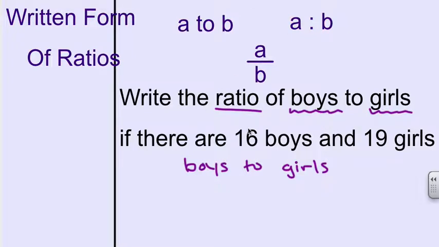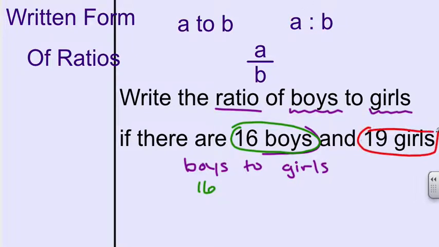As I do some investigating, I find that there are 16. Oh, it didn't change my color option here. I find out there are 16 boys. So I'm going to put 16 down for the boys. I find out that there are 19 girls. So I'm going to put 19 in for girls. Then I can write it like this.